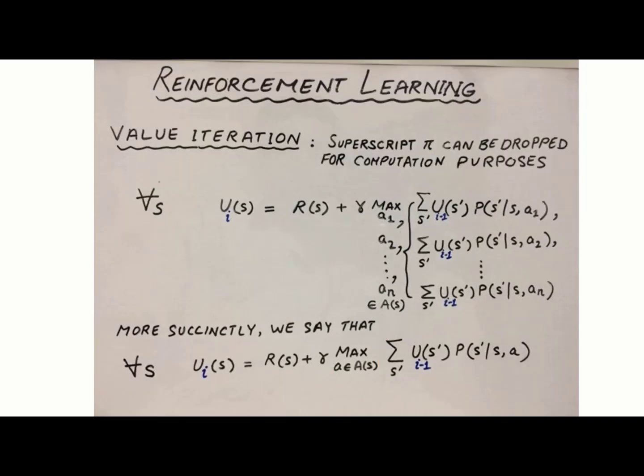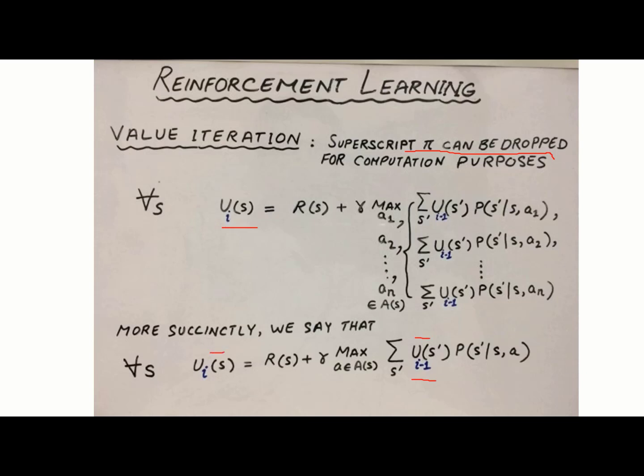For the purpose of computation, this superscript representing the policy can be dropped. So we can simplify our notation just by keeping the subscript i or i minus 1, and we're going to drop this pi.